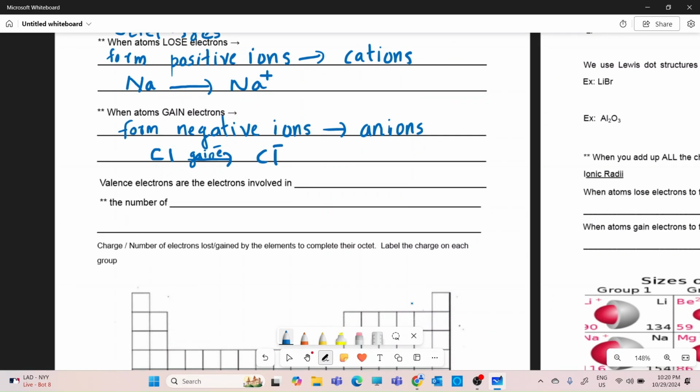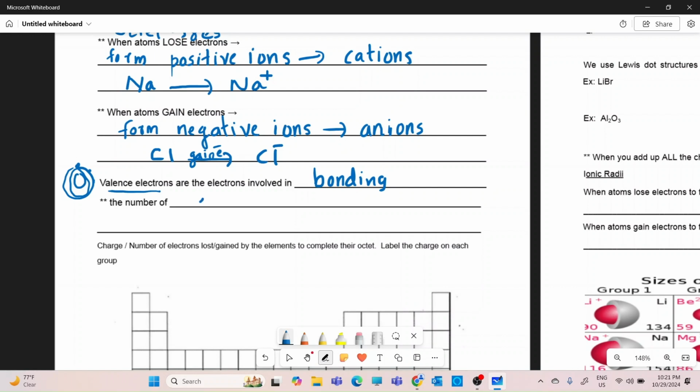Valence electrons are the only electrons involved in bonding. Remember the valence shell: when there are different energy levels like this, the outer shell is called the valence shell, and the electrons in the outer shell are called valence electrons. So only valence electrons are involved in bonding. They may lose or gain electrons.